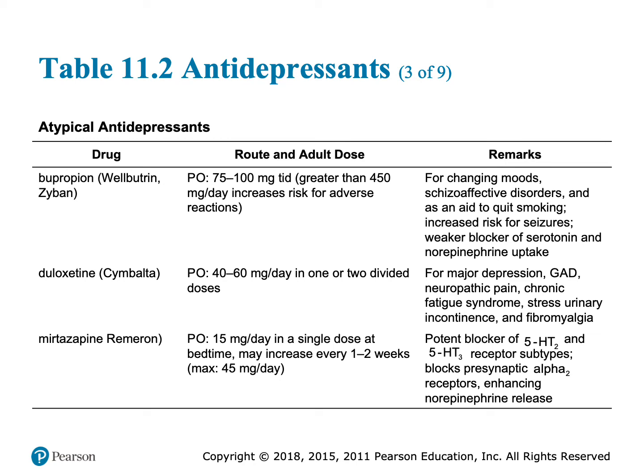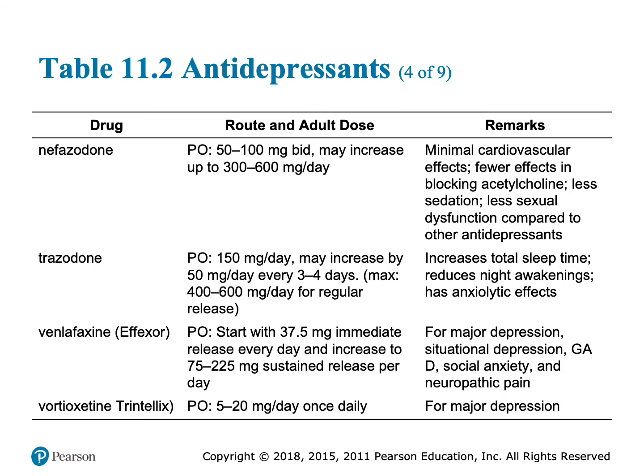So you have to monitor for signs of suicidal ideation. They can also cause liver toxicity, and they also can lower the seizure threshold. And Effexor is probably the most common one on this slide.